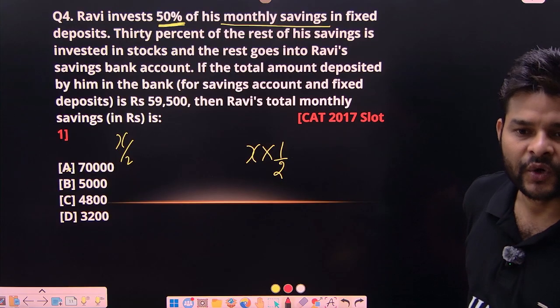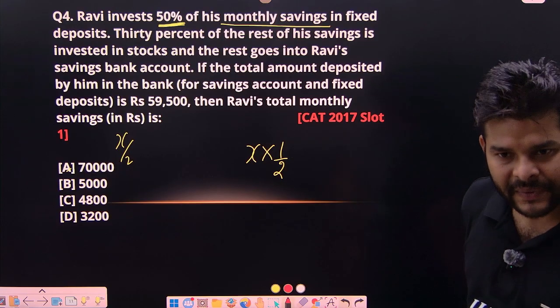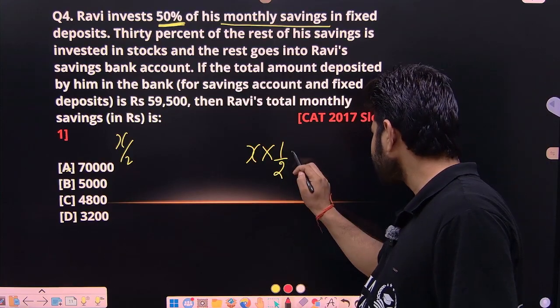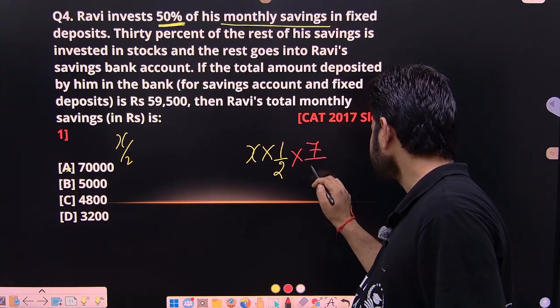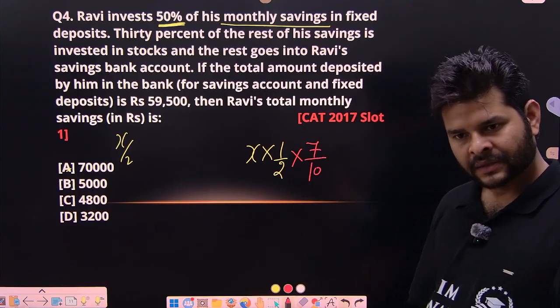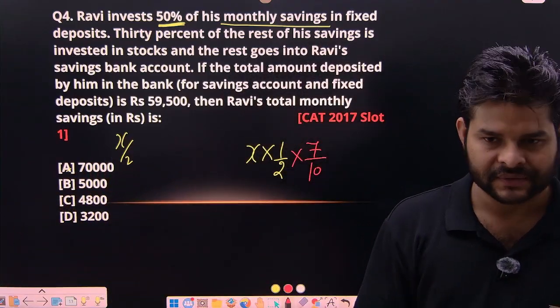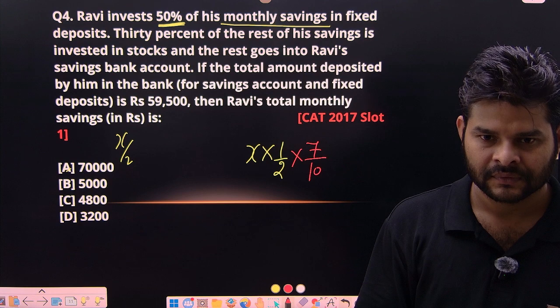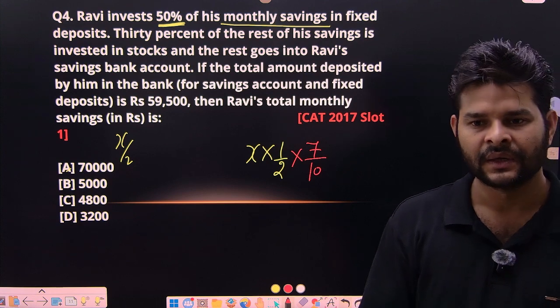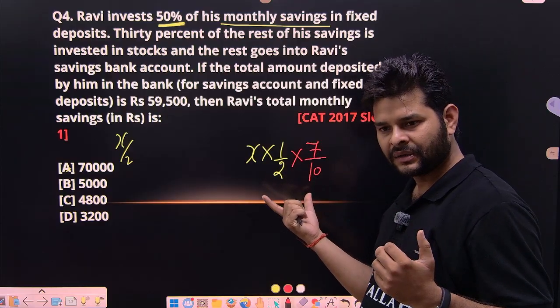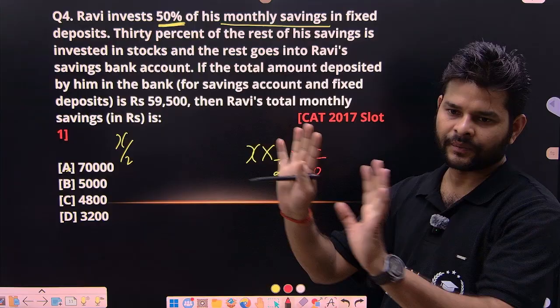So how much would remain? 70%. So 70% of the remaining, just I go and deposit in my saving accounts. Let me explain. So I just go and invest 70% of the remaining in my bank account.